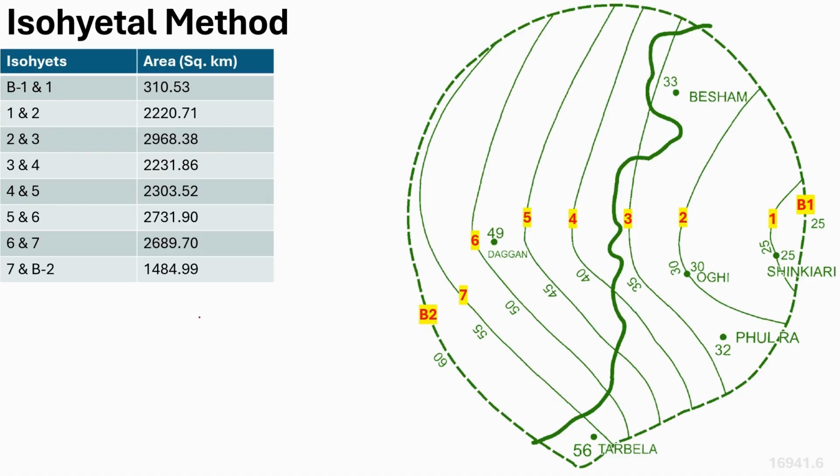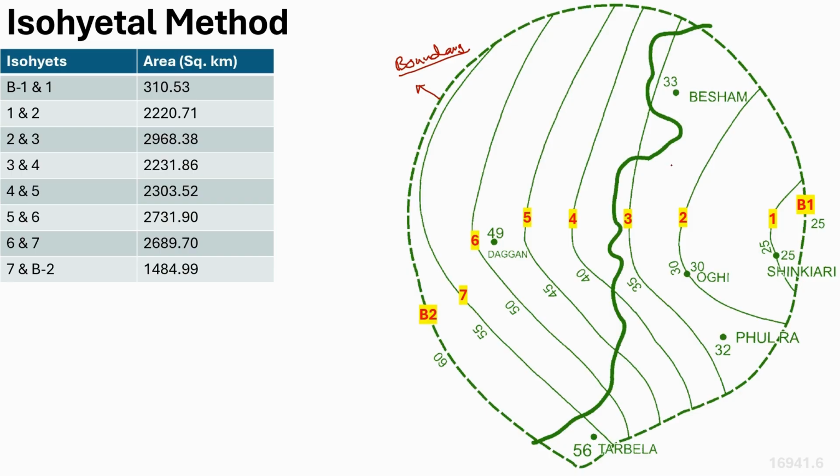Now we will move towards an example to determine the average precipitation for an area. So here we have an example where we have some circular type of catchment area. This is the boundary of the catchment area. This boundary is shown by the shaded line, and these isohyets are shown with their mean precipitation.